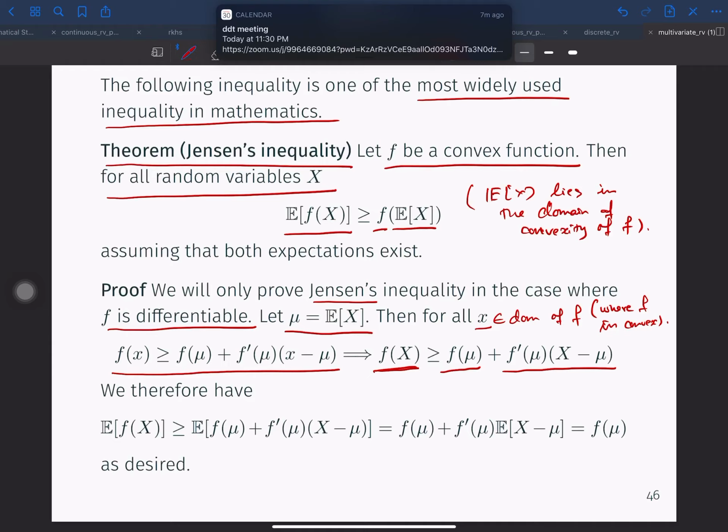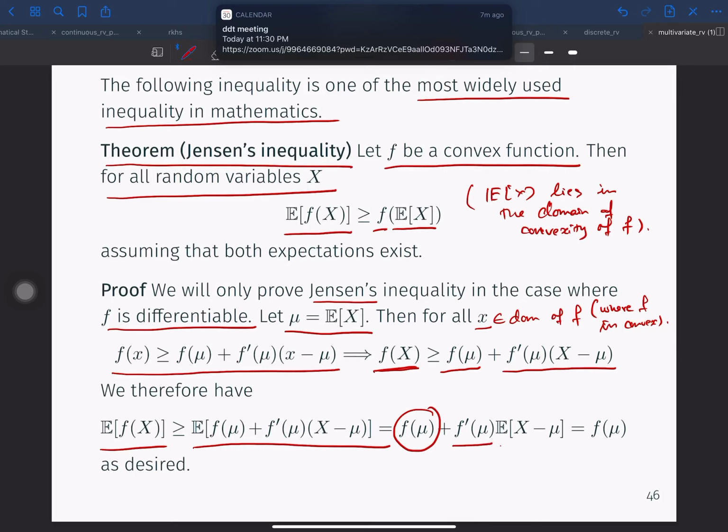Now, by linearity of expectation, the expected value of f(X) is bigger than the expected value of the linear approximation, because that's just trivial. And because expectation is linear, f of mu is a constant, you can move it out. f prime of mu is a constant, you can move it outside.